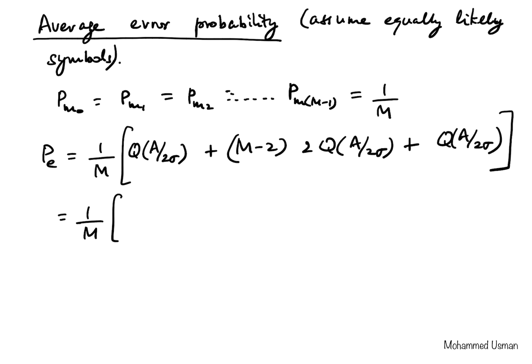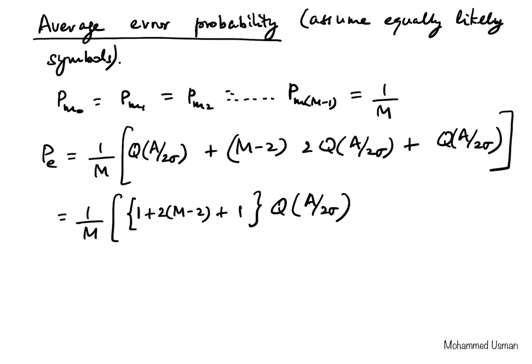So we have 1 times Q of a by 2 sigma, and then Q of a by 2 sigma multiplied by m minus 2 into 2, which is plus 2 into m minus 2, plus in the end we have a 1 there.